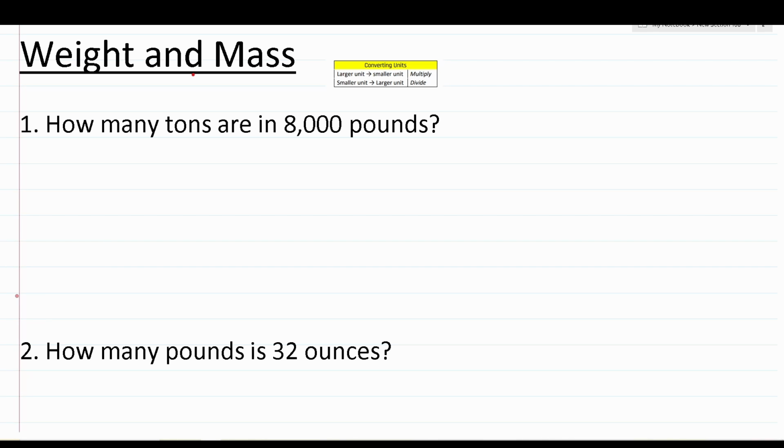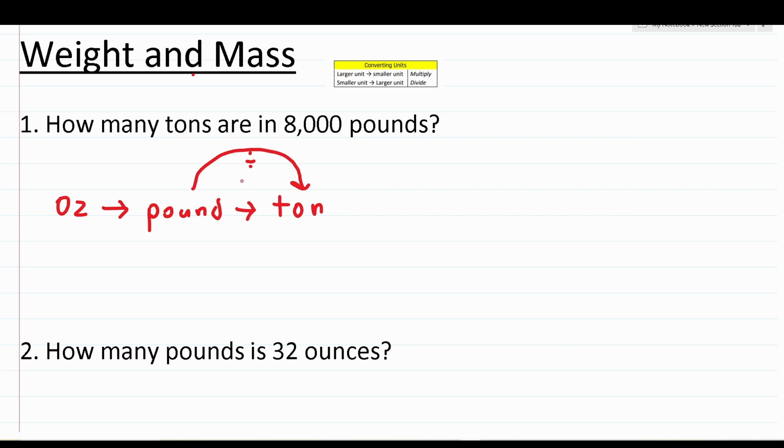So let's make some conversions involving weight and mass. The first question says this: how many tons are in 8,000 pounds? Remember, as far as weight and mass is concerned, we have ounces, pounds, and tons. To convert from pounds to tons, we're going from a smaller unit to a bigger unit, so we're going to be dividing.